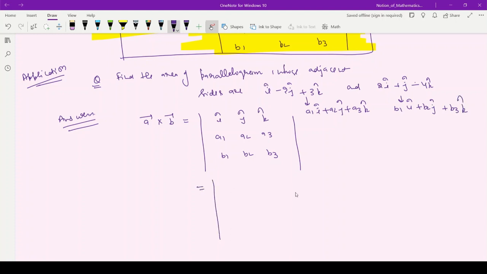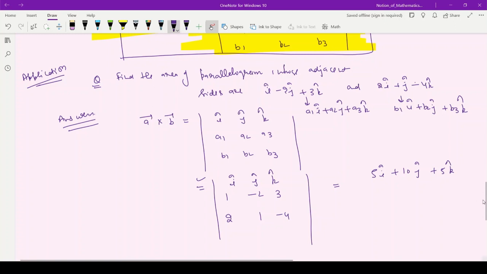So here in this particular determinant I will be writing I, j, k, and it is what? 1, minus 2, 3 and 2, 1 and minus 4. So that will be, and you know how to solve the determinant, that is 5 I cap plus 10 j cap plus 5 k cap.